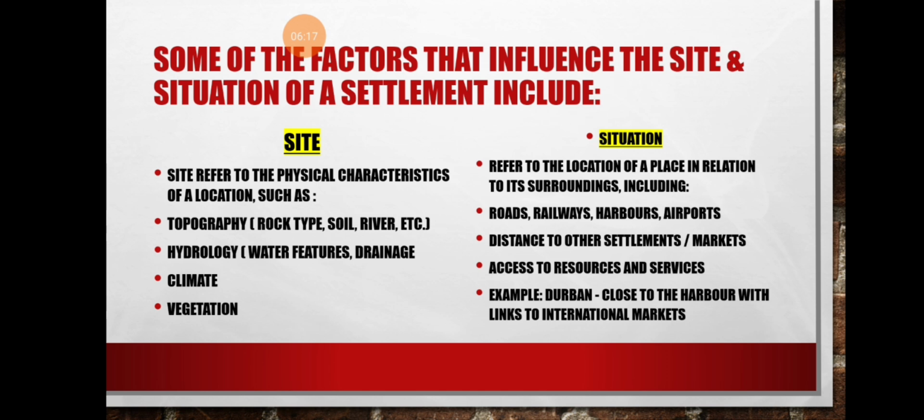Climate. People may move from the cold climate to the warm climate. For example, we normally know that in South Africa, the northwest side is very cold. It is influenced by the cold Benguela current.